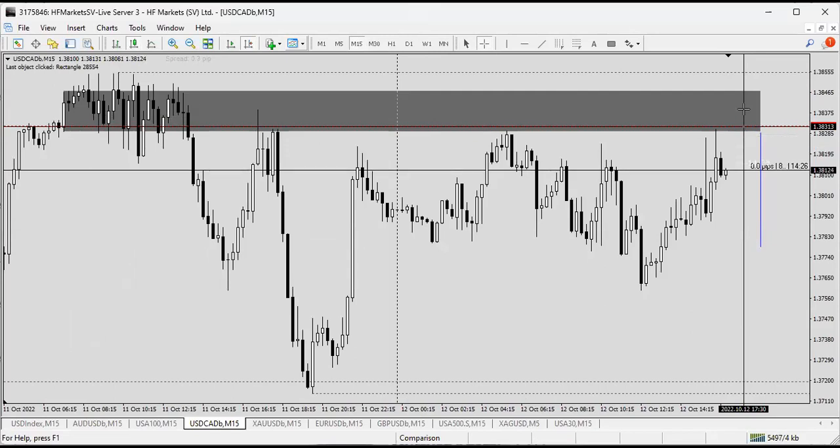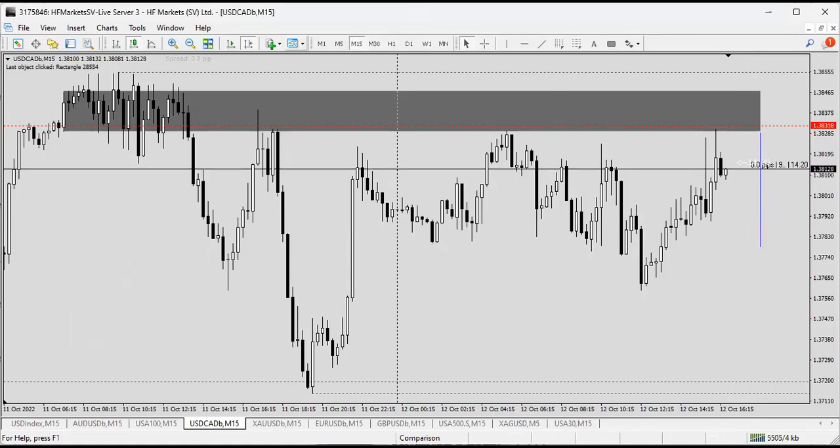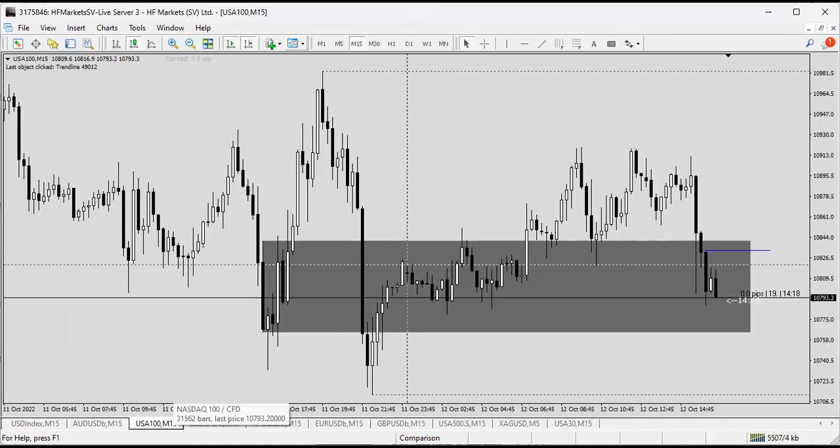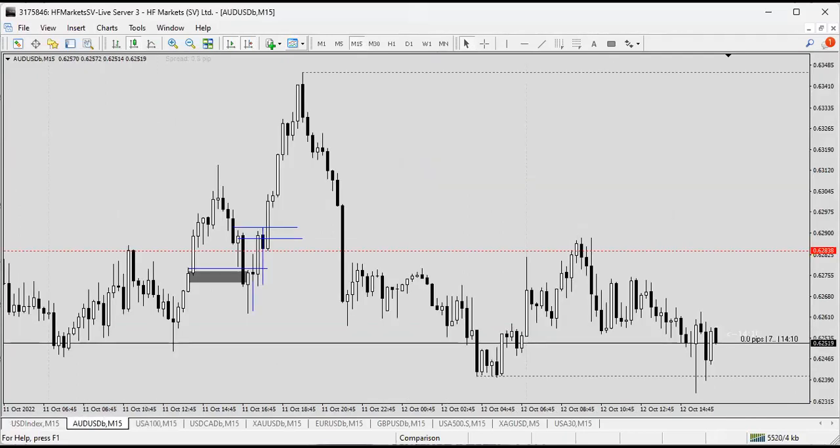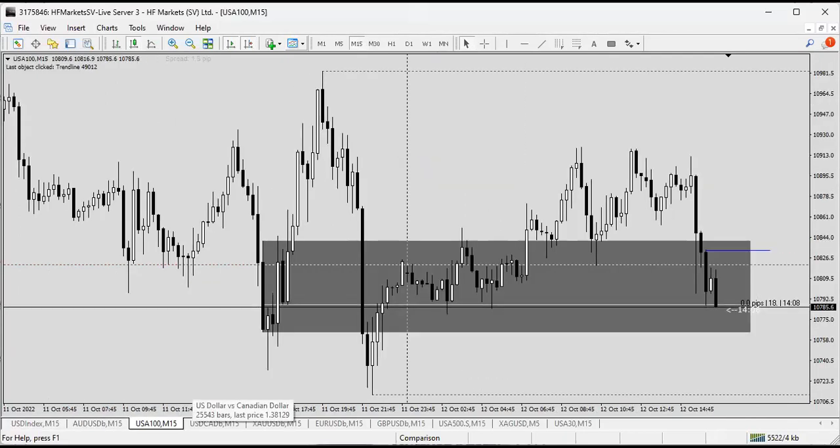How far away is the top of this order block? About 15 pips. Let's wait. I don't feel like this is a limit environment yet. Barely any movement from DXY. Barely any movement here.